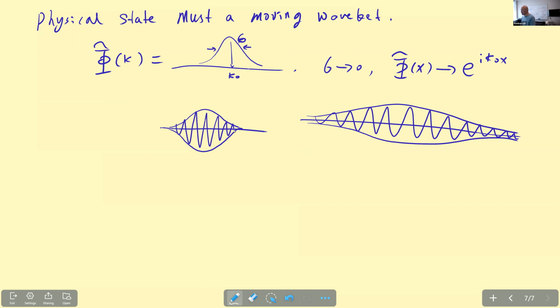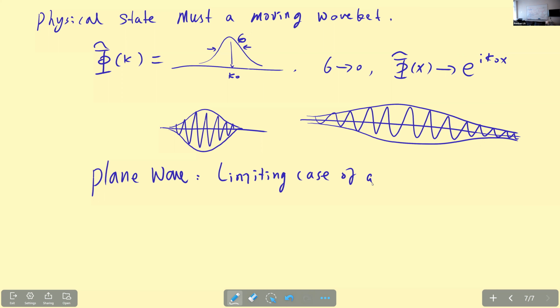But anyway, the plane wave is the limiting case of a wave packet centered at K0.